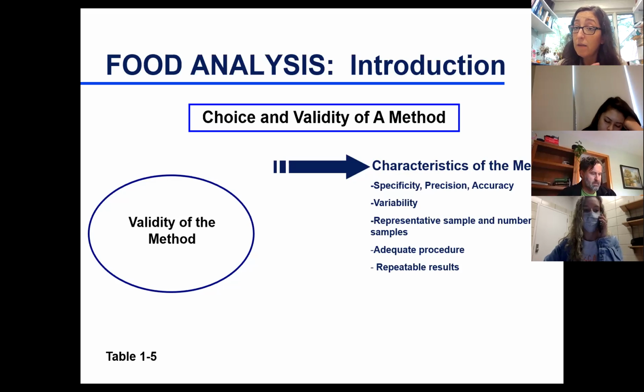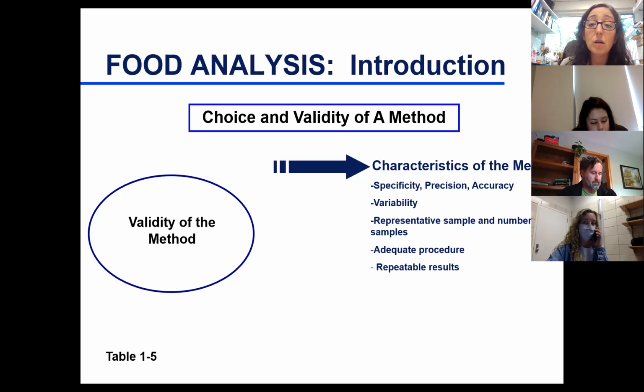Sometimes your replications are good within the same day, and then the next day you prepare another set of reagents and your data is not reproducible. So not just the precision within one day, but the reproducibility of your assay over time is very important, meaning how well your results are repeatable for the same set of samples. Is the data from the method going to be representative based on the sample that you select and the number of samples you run?